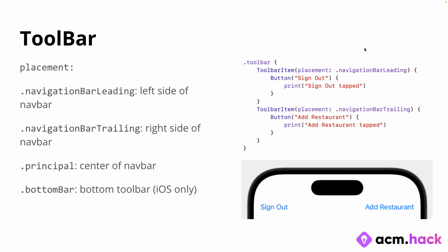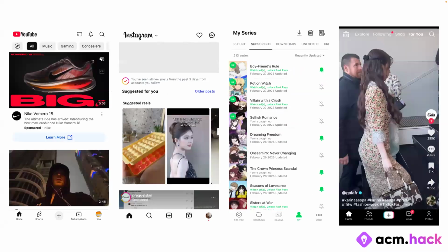So just to briefly go over the example code, we have the sign out button, and since the placement is navigationBarLeading, it's on the left over here. And since we have this other button called add restaurant and the placement is navigationBarTrailing, it'll be on the right side over here.